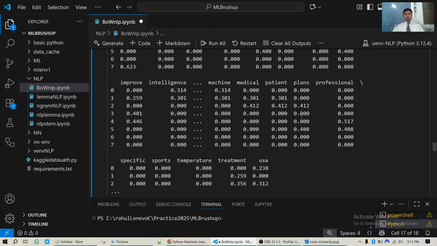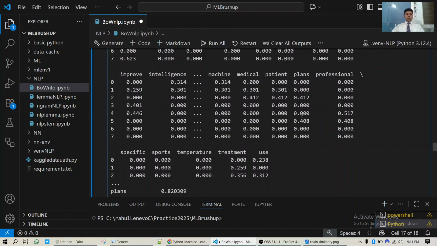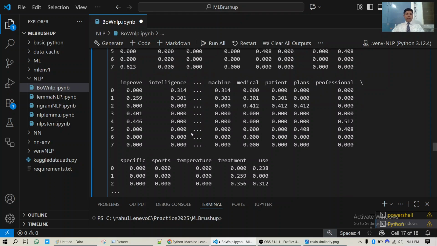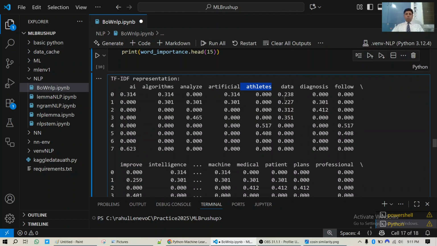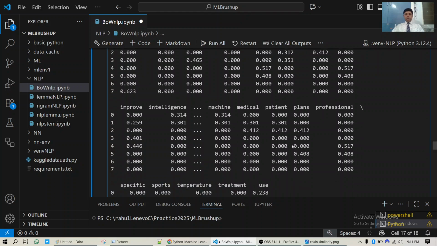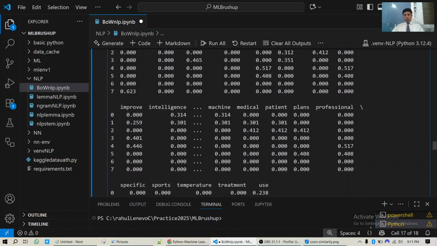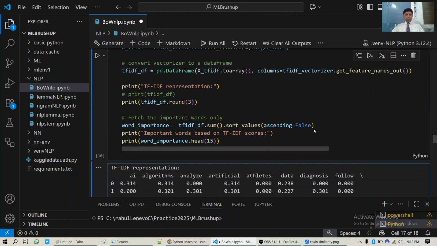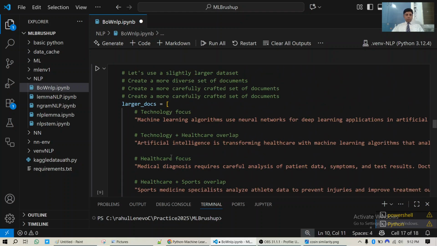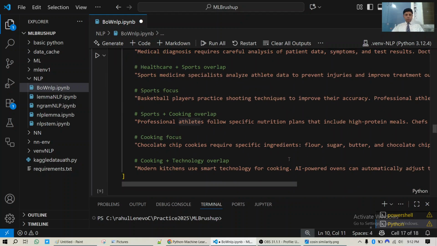So how many times the word is involved in some context of the document? We find the overall score for all these documents. For example, if we take the word plans here, there are 8 documents from 0 to 7. So what is the score of these plans? There are plans in document context 2, let's see, 0, 1, 2, healthcare focus.